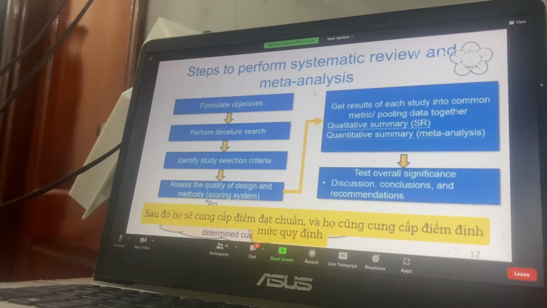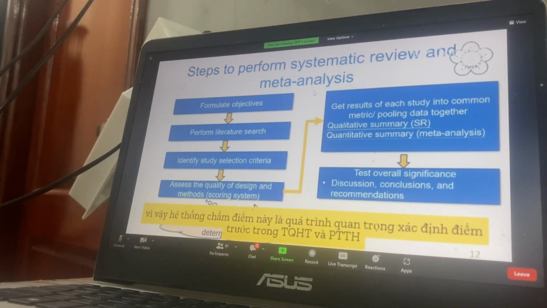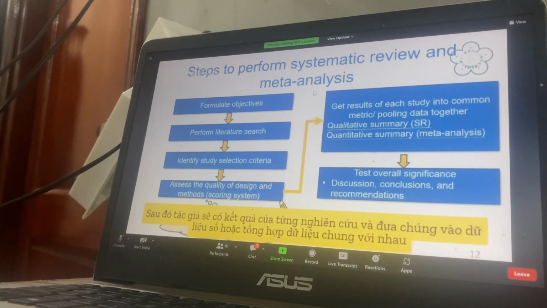Then they will provide a quality score. Also, they will give a predetermined cutoff point, like, I will only include studies that have a PEDro score greater than 6 or not. So this scoring process is pretty important in the systematic review and meta-analysis process.